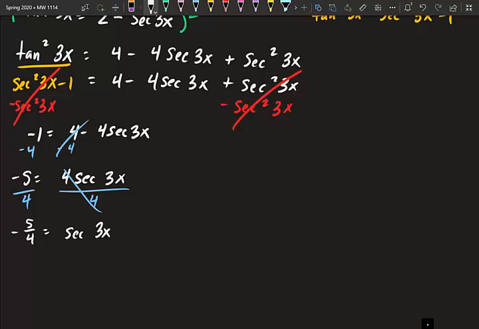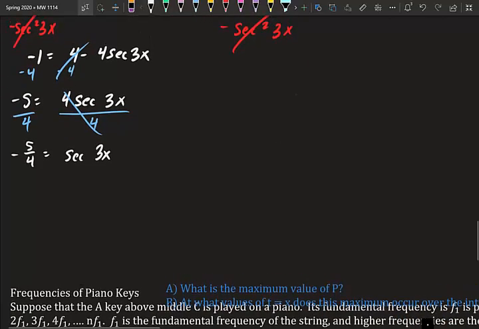Secant doesn't really do much for me. Secant 3x, that's not an identity, that's nothing. So let's switch to cosine, because cosine we know a lot about. So remember, to switch it to cosine, we just take the reciprocal. And if we take the reciprocal of one side, we have to take the reciprocal of the other side. Oh my bad, that 4 was negative, so that turns to positive.